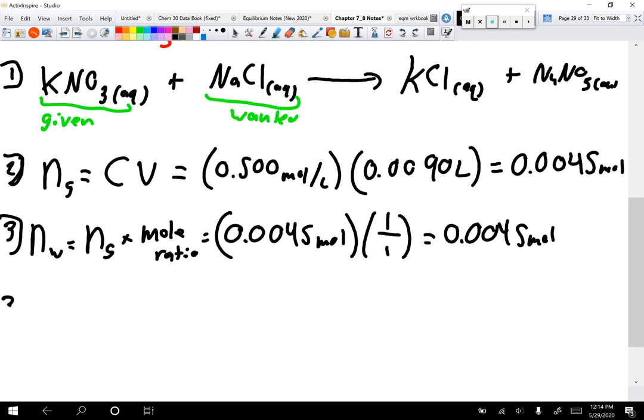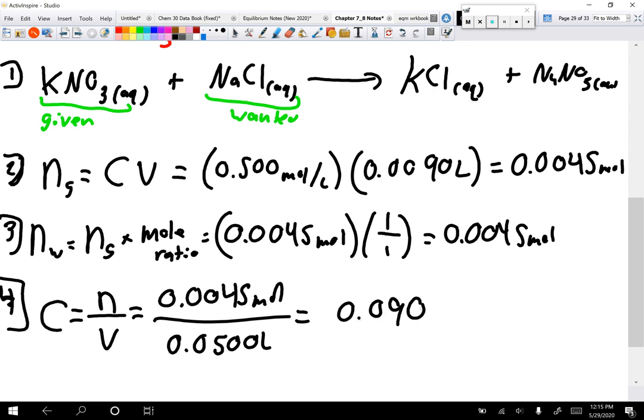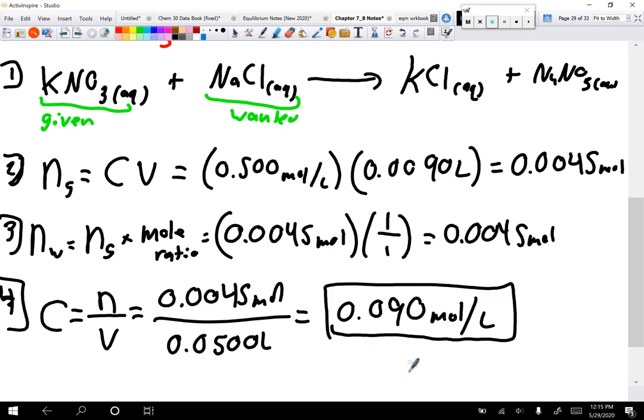And if you read the question, it is what is the concentration? So the formula for concentration is equal to number of moles divided by our volume. Our number of moles we just calculated. The volume up above said it was a 50 milliliter sample, so of course 50 milliliters in liters, we divide that by 1,000 to get 0.0500 liters, and we get an answer of 0.090 moles per liter, and of course that is 2 significant digits.